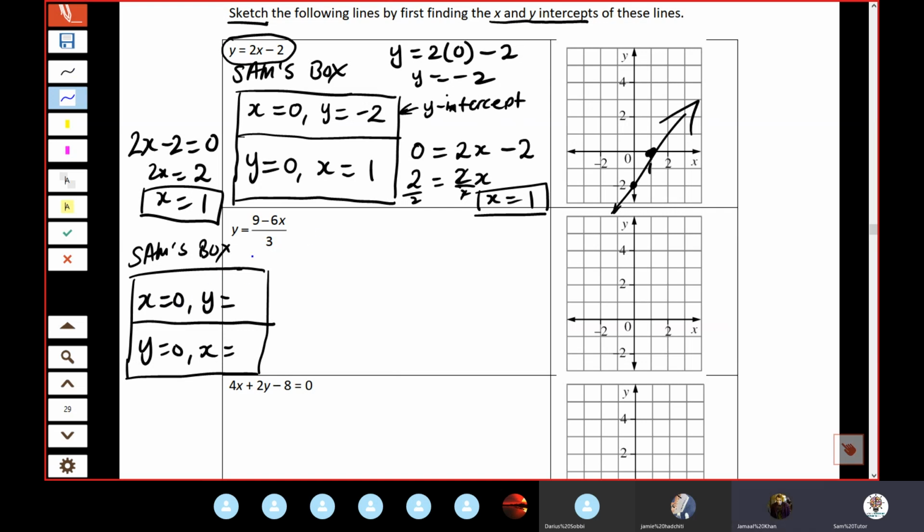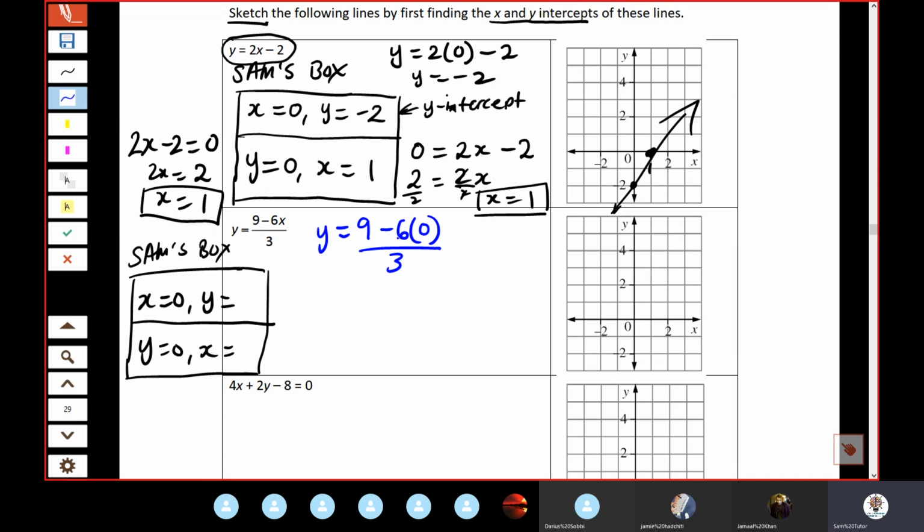Y equals 9 minus 6 in brackets 0, and then close bracket over 3. Yeah, perfect. So if you want to make it even simpler, you're just changing your X's for 0.